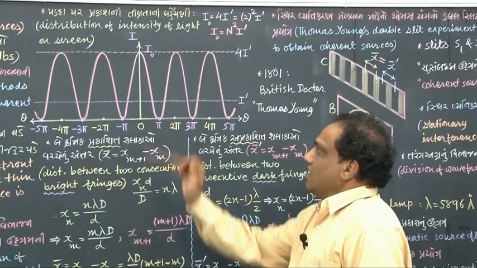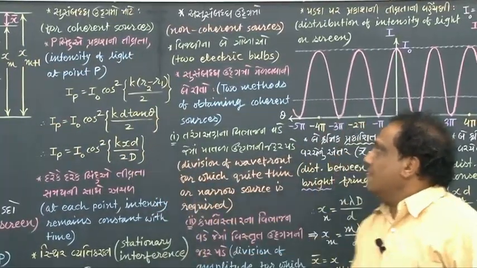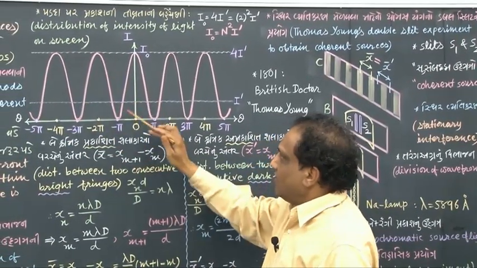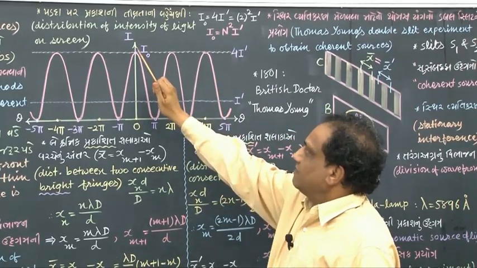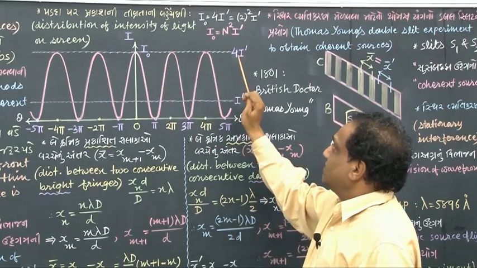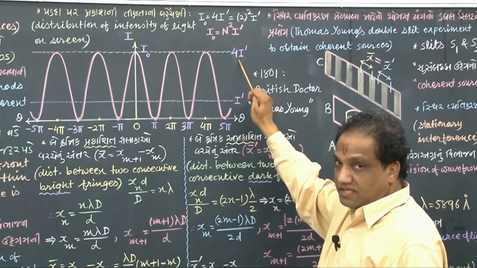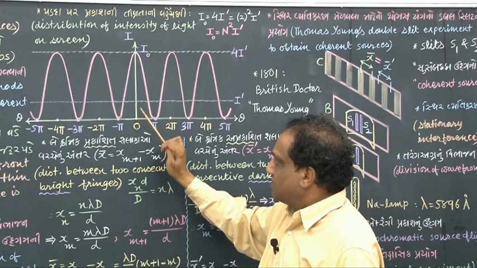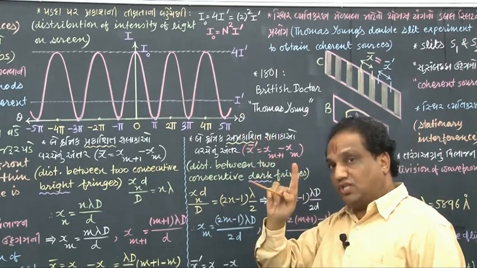Now, from this equation, if you plot a graph of I versus theta, that graph is like this. Repeated inverted parabola. Here it is maximum intensity, which is I0. And you know I0 is 4 I dash. So, if you take the fourth part of this, it will be I dash. I dash is intensity of single source.